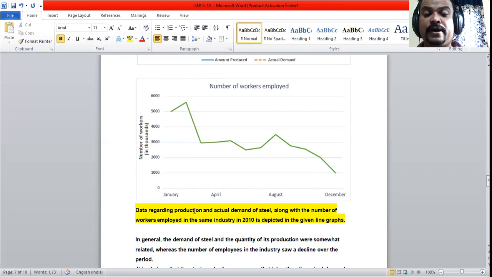Data regarding production and actual demand of steel along with the number of workers in the same industry in 2010 is depicted in the given line graph.